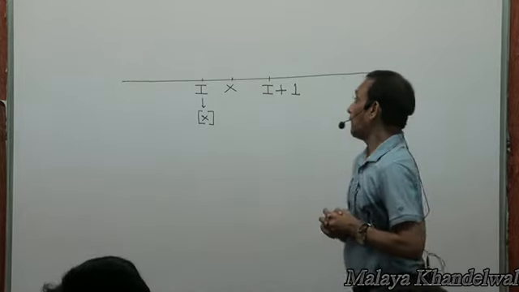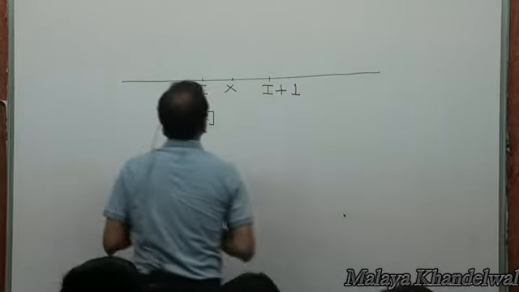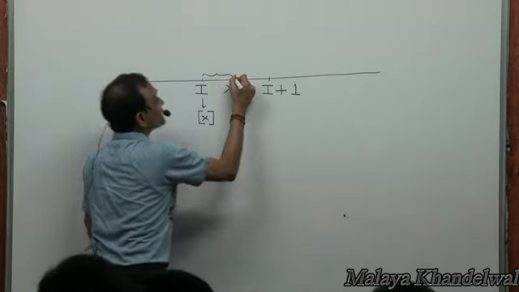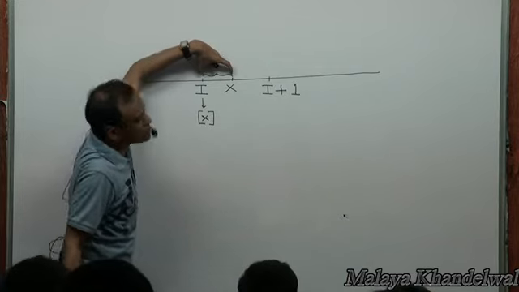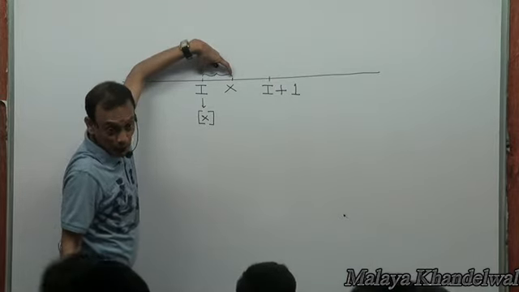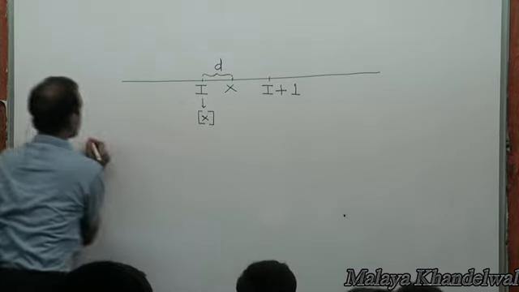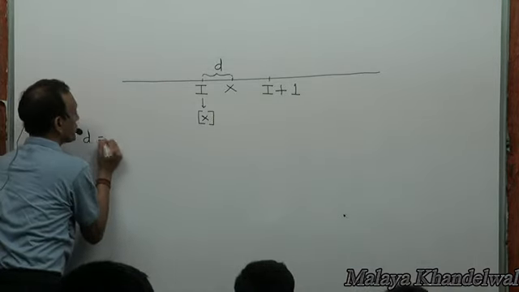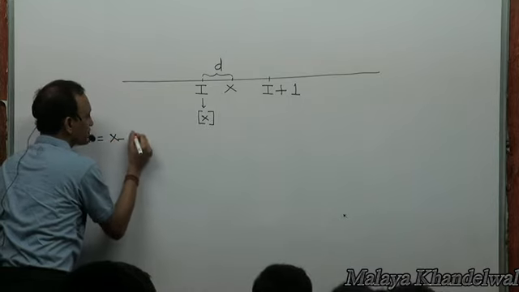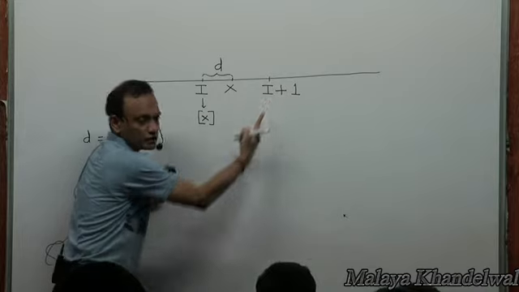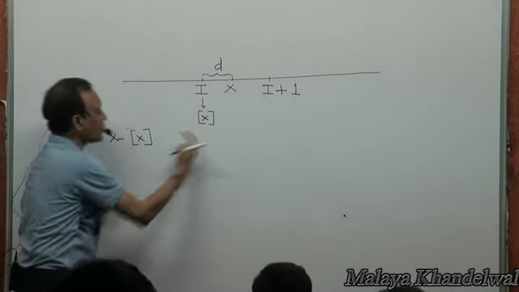Right? Now, this distance between box x and x is the distance d, which is x minus box x, because box x can never be to the right of x.